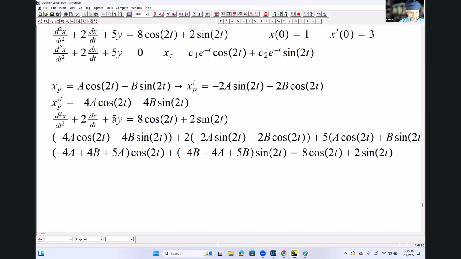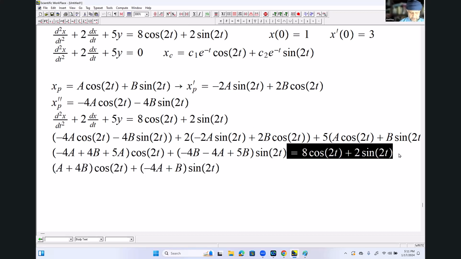So here, what do I get? A plus 4b cosine 2t, make sense? Plus negative 4a plus b sine 2t, and that equals this quantity right here.